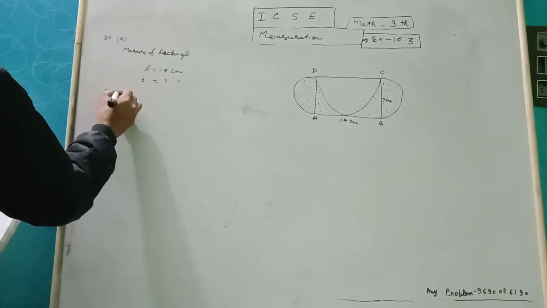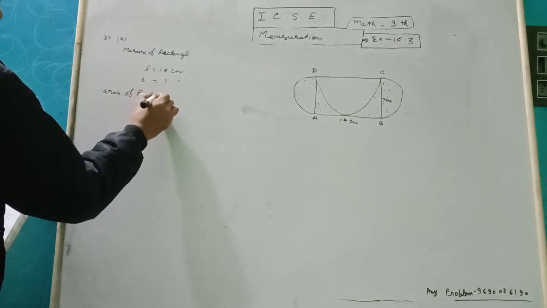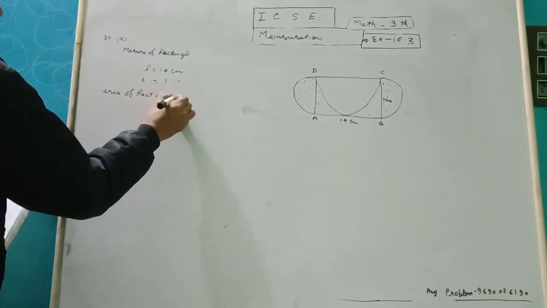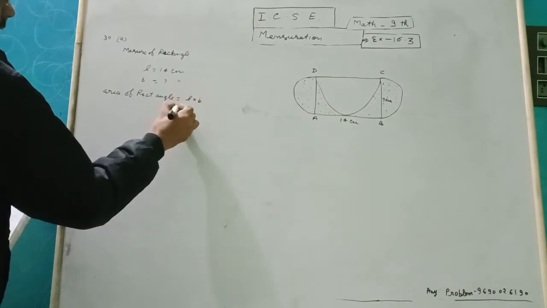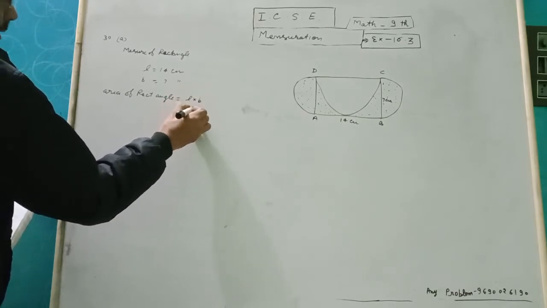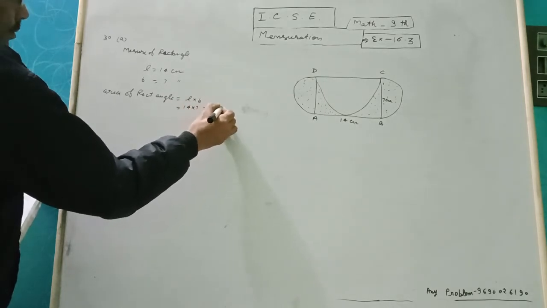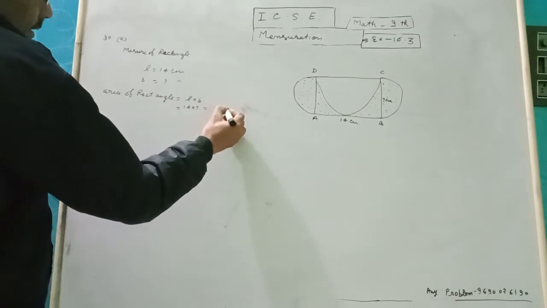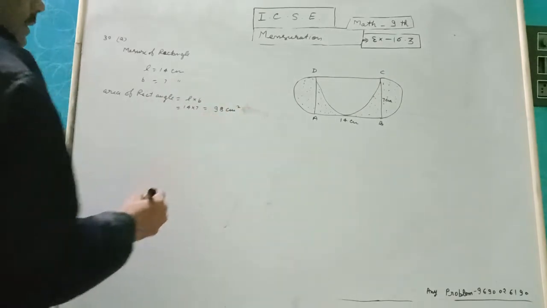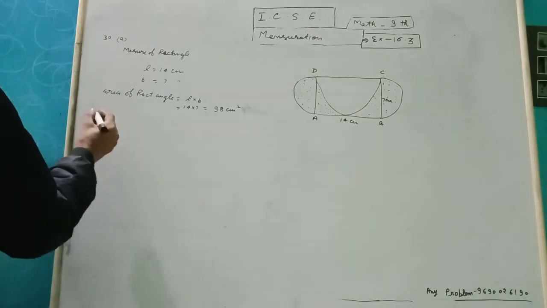Area of rectangle is L into B, 14 into 7 is equal to 98 cm square. That is the area of the rectangular part.